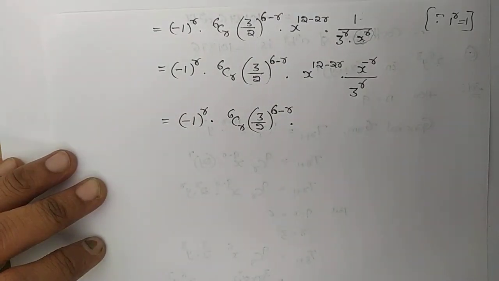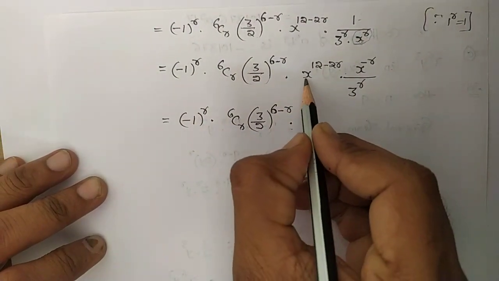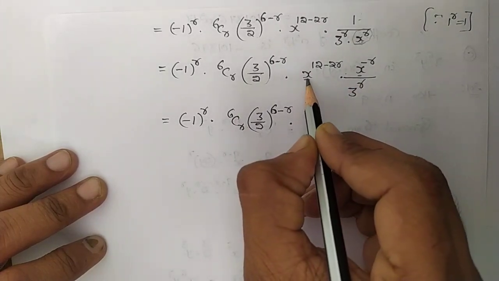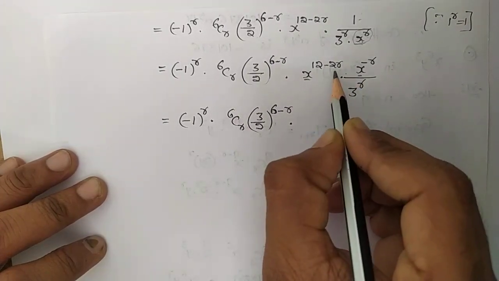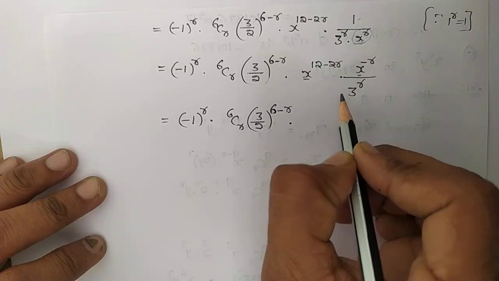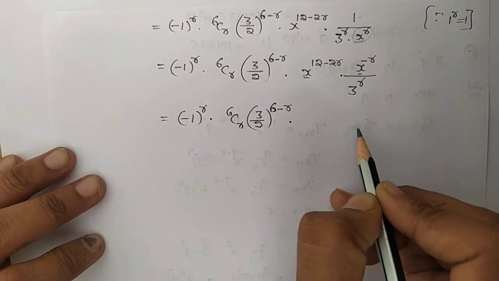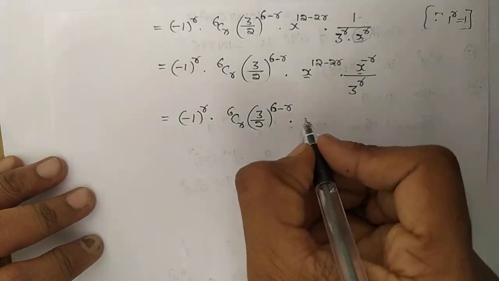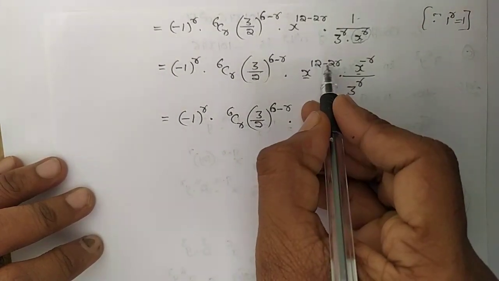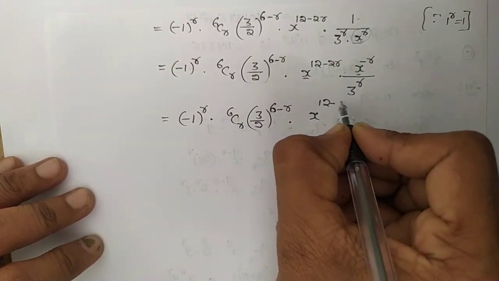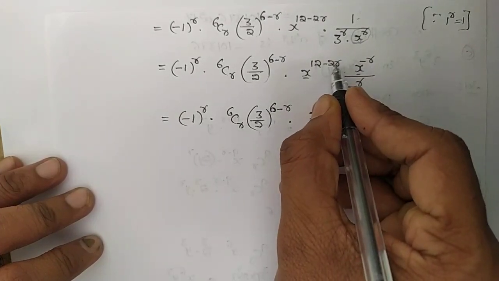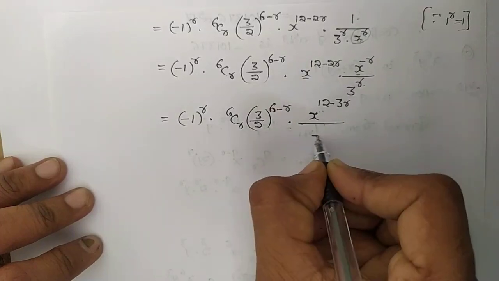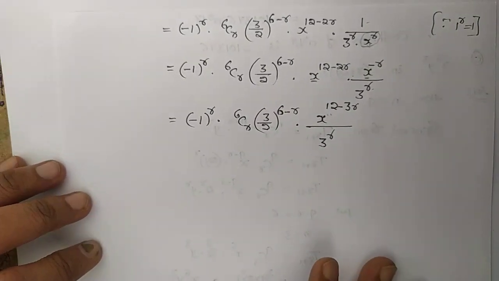Next, by using the laws of exponents, if the bases are the same, then you can add the powers. A power m into a power n equals a power m plus n. So x power 12 minus 2r, minus r, is what? Minus 3r, divided by 3 power r.